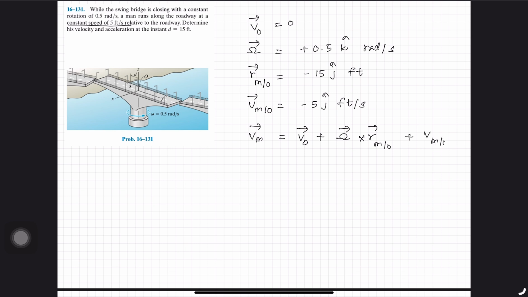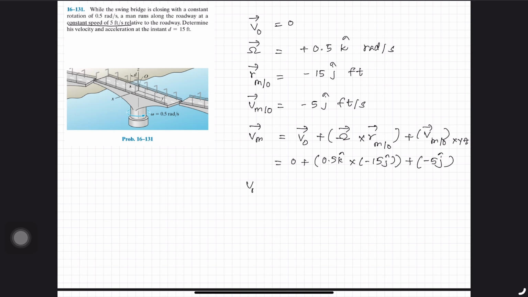So we can insert the values that we already know. 0.5 k cap times minus 15 j cap plus minus 5 j cap.